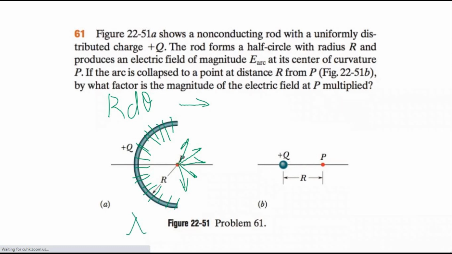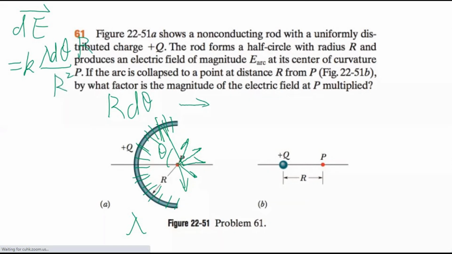If we go with an arbitrary theta and make a d theta, then calculate the electric field, in that case dE will be equal to k lambda d theta, where lambda is the charge density, and we should multiply with the radius, and then we have the r square. The r square and r get cancelled by one.